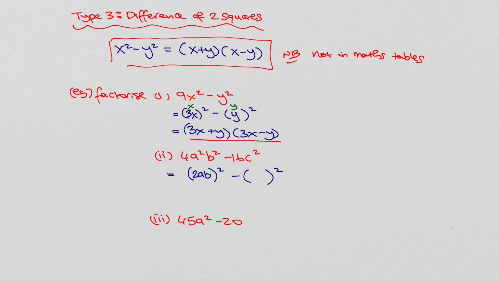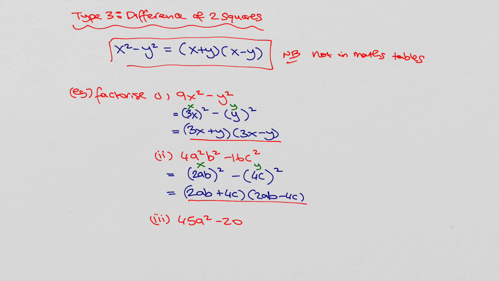And then I'm going to have 4c, because 4c squared is 16c squared. So in the equation, that's going to be the first term, so the x in the equation, and the second term is going to be the y part of the equation. So again, that's going to be 2ab plus 4c by 2ab minus 4c.